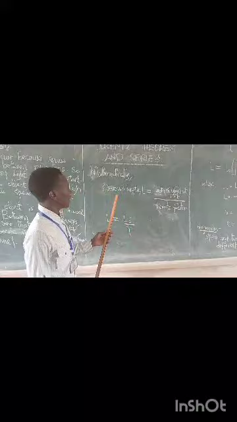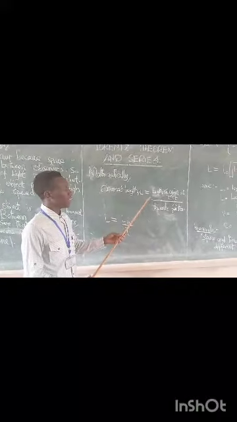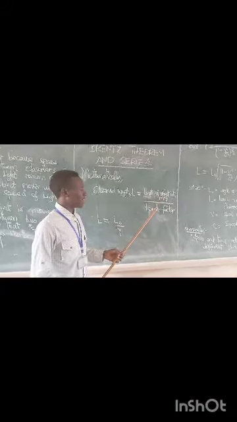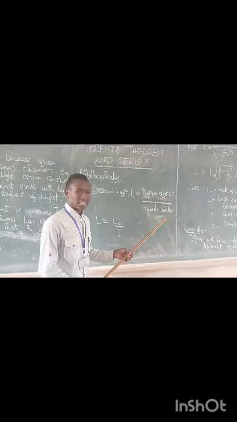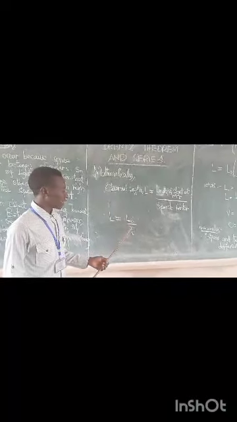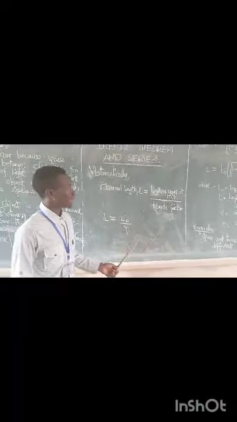Mathematically, the observed length is given by the length of the object at rest over the Lorentz factor, which is L equals L naught over the Lorentz factor.